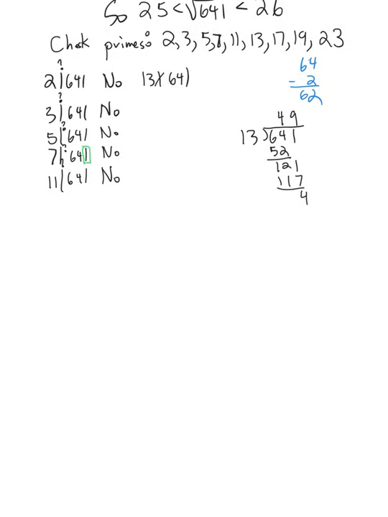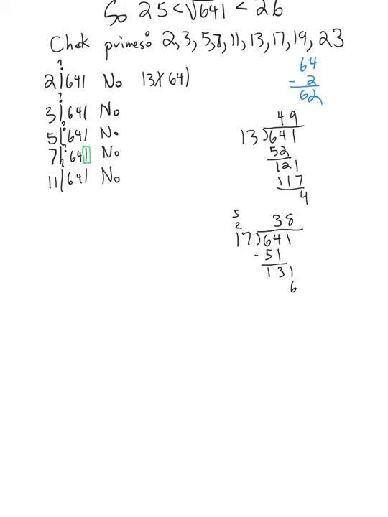So let's check 17 into 641. 17 goes into 64, let's say 3 times. 3 times 7 is 21, carry your 2. 51, subtract, we get 13. 17 goes into 131. I don't know what to try. Let's try 8 times. 7 times 8 is 56.